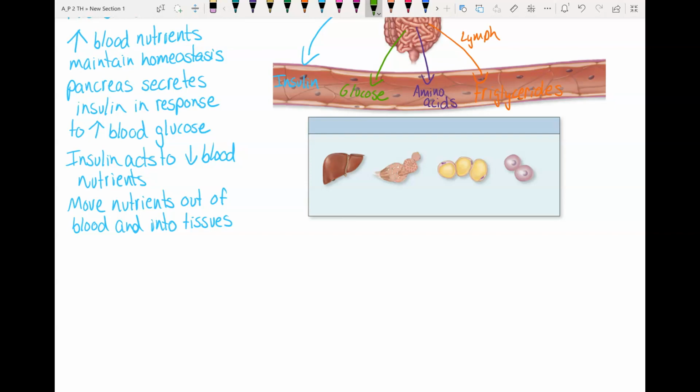So we have glucose is going to go in the liver and be stored as glycogen. And if you remember those terms from chapter 17, this is going to be glycogenesis, formation of glycogen. You're also going to do that in your muscles. So you will get glycogen in your skeletal muscles, also through glycogenesis.